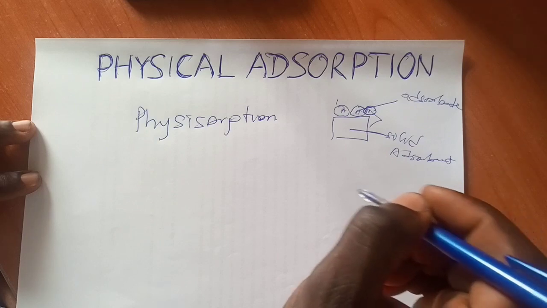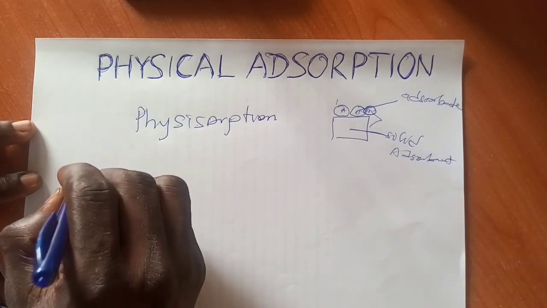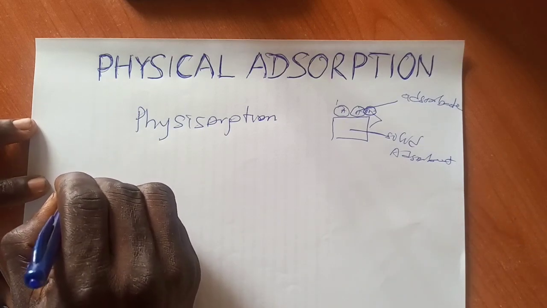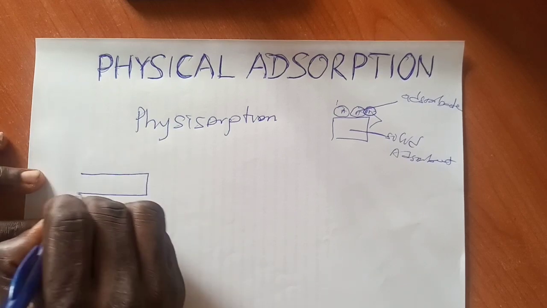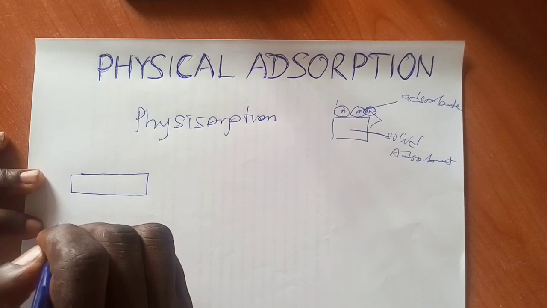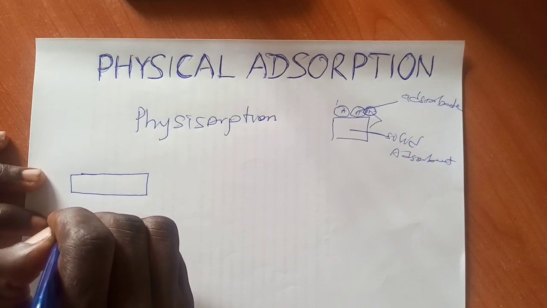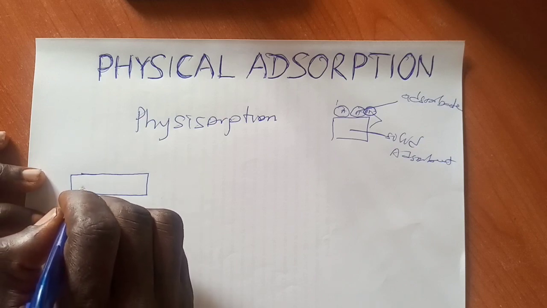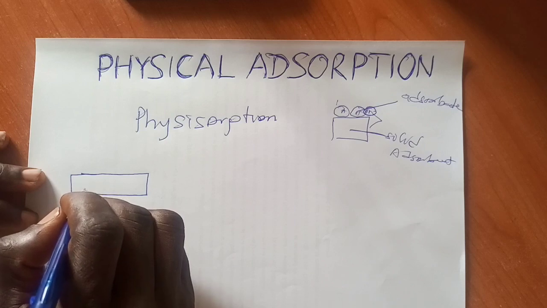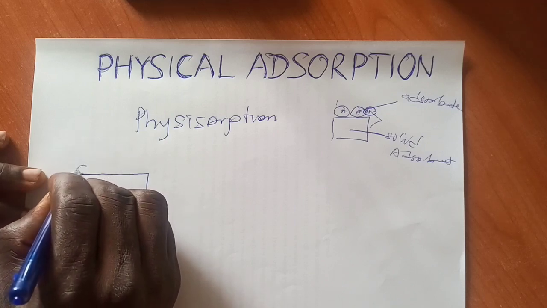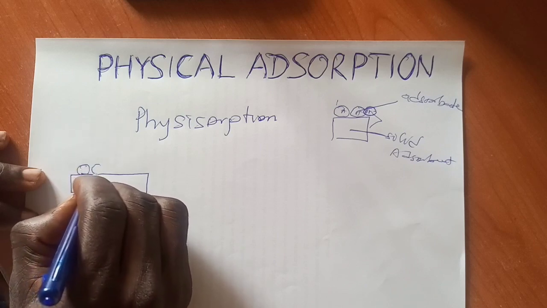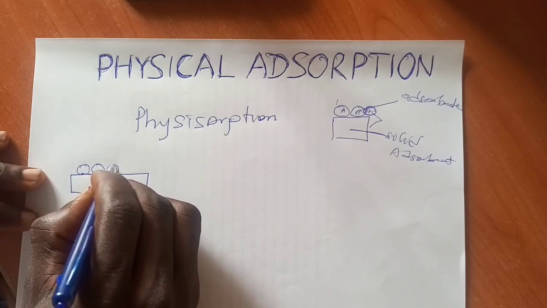And now, what do we mean by physical adsorption? When you have a solid surface like this, and a gas molecule is held on the surface of the solid, this is the gas molecule held on the surface.